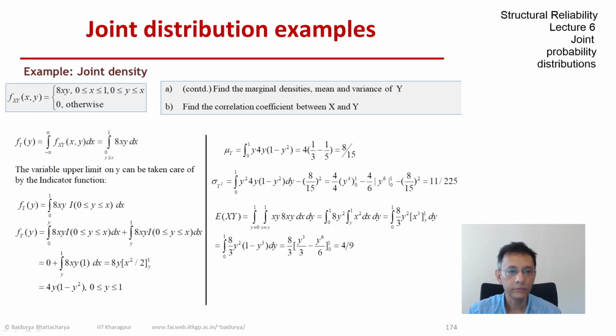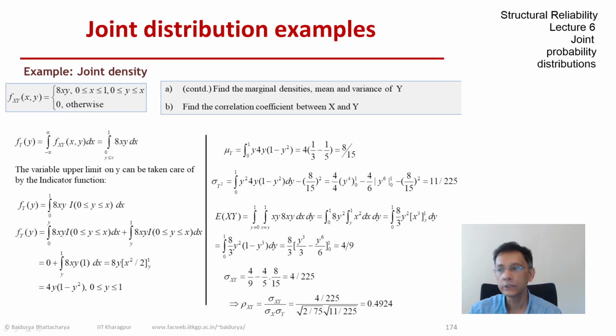If you'd like to pause the video, just make sure that all the steps are clear. And then the covariance sigma xy, which is E[XY] minus E[X]E[Y], that comes to 4/225, and the correlation coefficient, which is the ratio of the covariance and the product of the standard deviations, that comes to about 0.49.